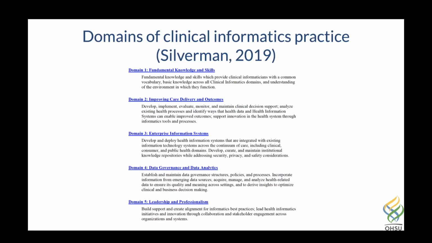Domain 3 is enterprise information systems, so all the major information systems in healthcare organizations, probably of which the electronic health record is most central. But there are many others. Certainly, we've seen the growth of telehealth during the pandemic.